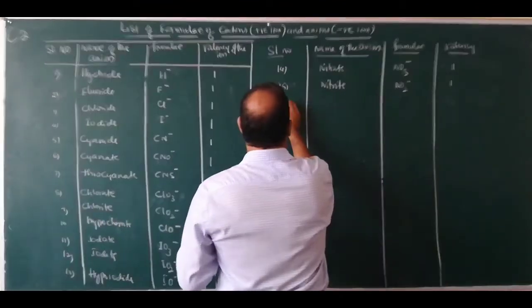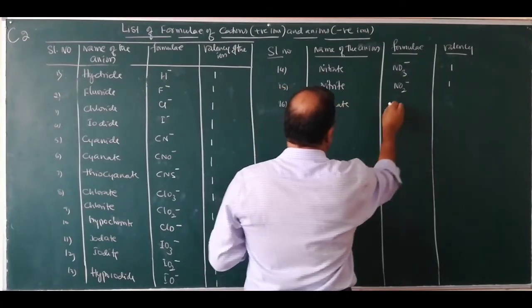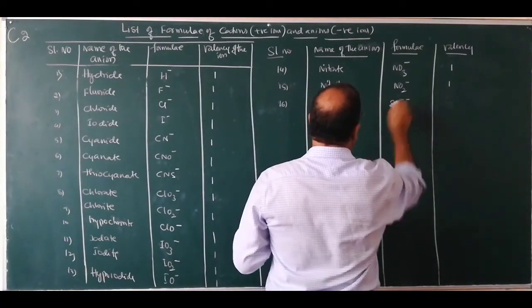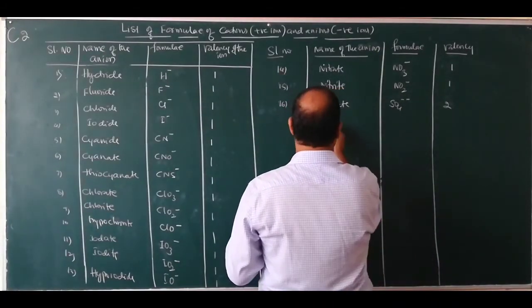And then sulfate, SO4 2 minus, so valency is -2.